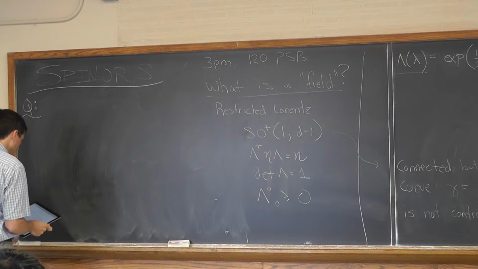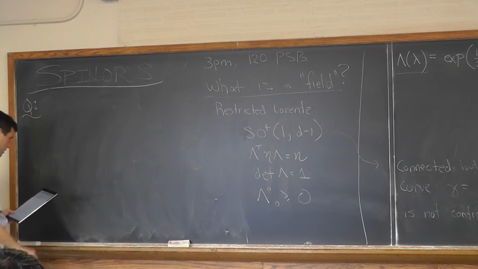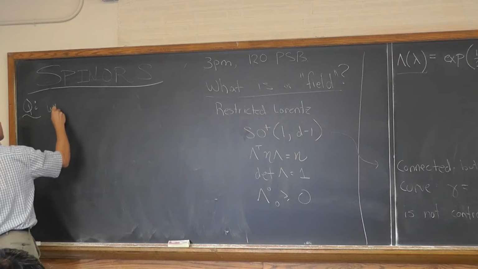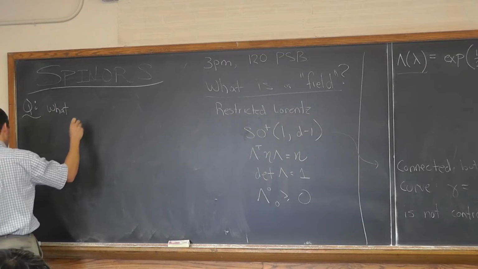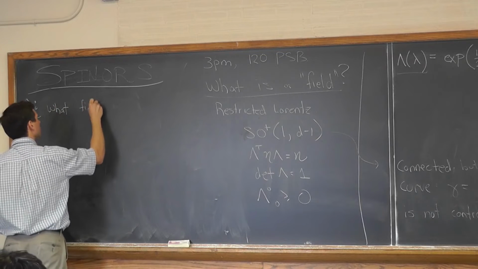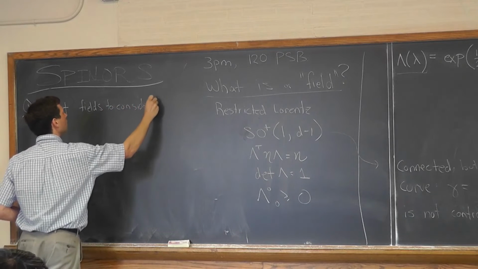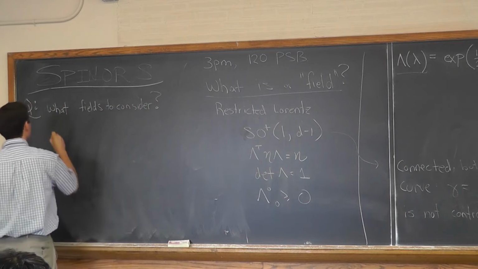Okay, so now we're trying to answer the question, what is a field? Well, we just pretty much defined how things transform. So the question we want to ask is, what fields should we consider?